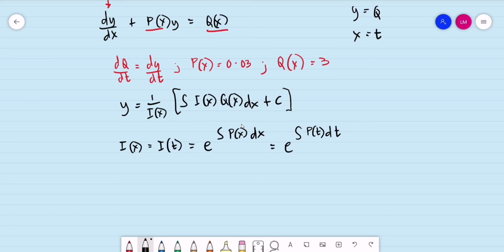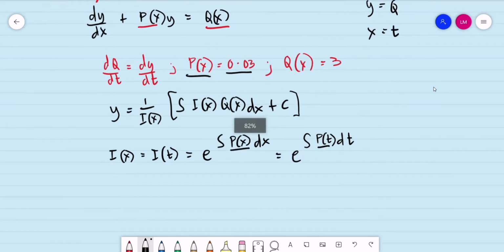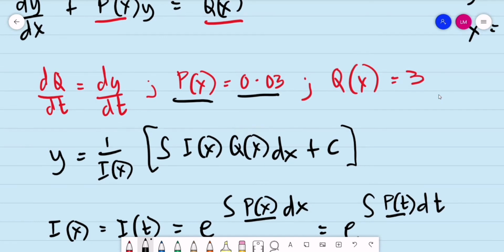Since this is with respect to time, I'll be using p of t. Then instead of q of x, let's say this is q of t.